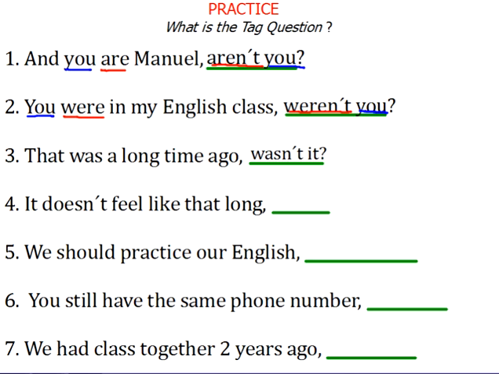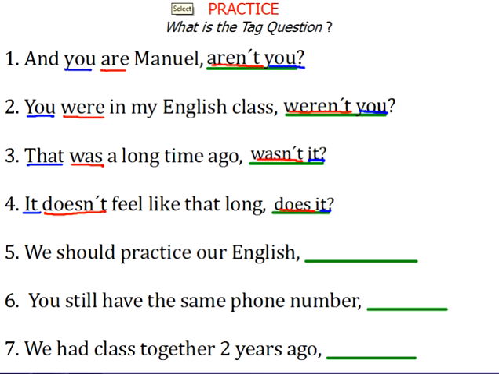In this context, that is a thing, so I'm using it in my tag. And for my auxiliary was, I'm using the opposite, wasn't, in my tag. Number 4, it doesn't feel like that long, does it? In this context, again, I'm using the same subject, it. Now my auxiliary is doesn't, and I use the opposite in my tag, does.